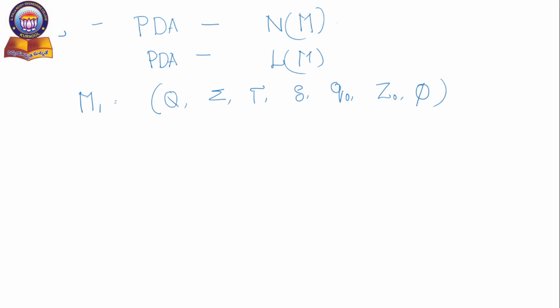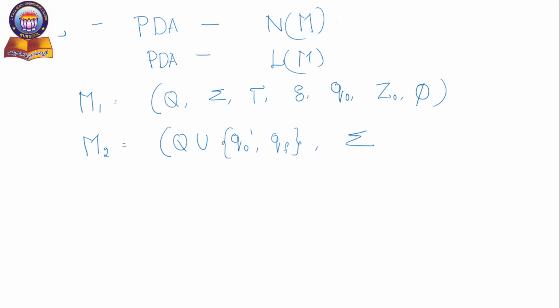Now from this we can construct the equivalent PDA M2 which will accept the same language by going to the final state as follows. Let M2 is equal to Q union Q naught prime comma Q F. That means we are adding two more new states to the original Q. Q naught prime and Q F will be added to the given Q.